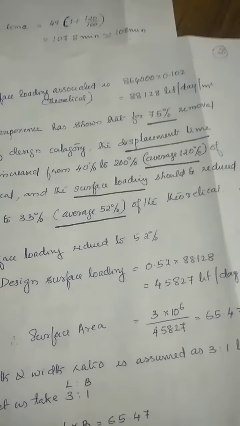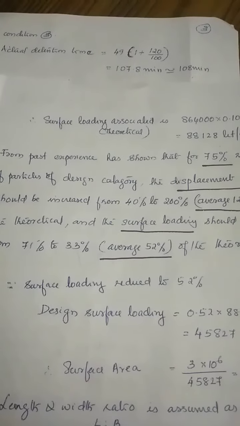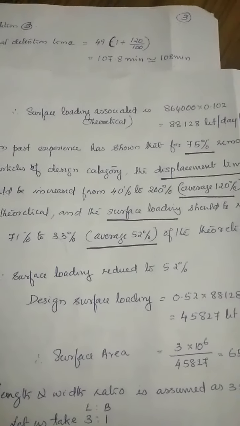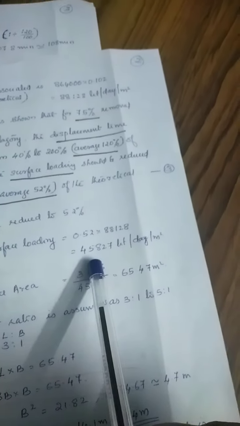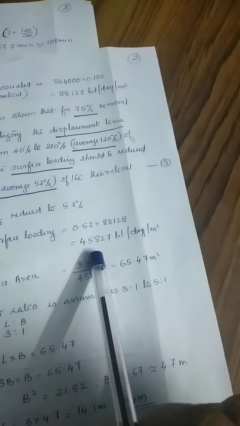That should be reduced from 71% to 33%, that is an average of 52% of theoretical. Here we got the theoretical surface loading as this. Then our design surface loading is 52% of that. That is, this is our design surface loading.